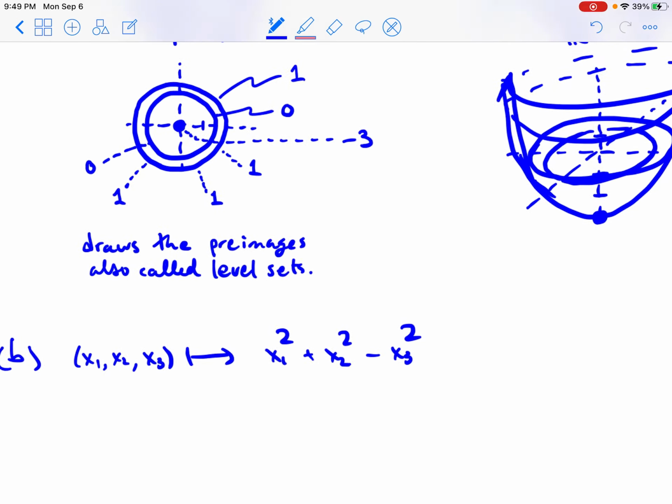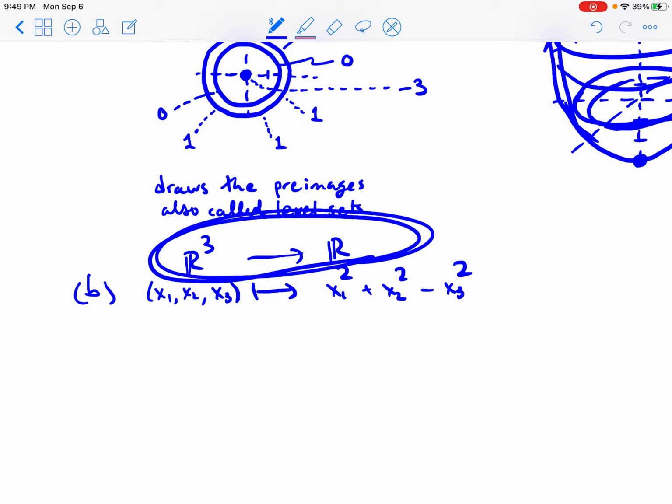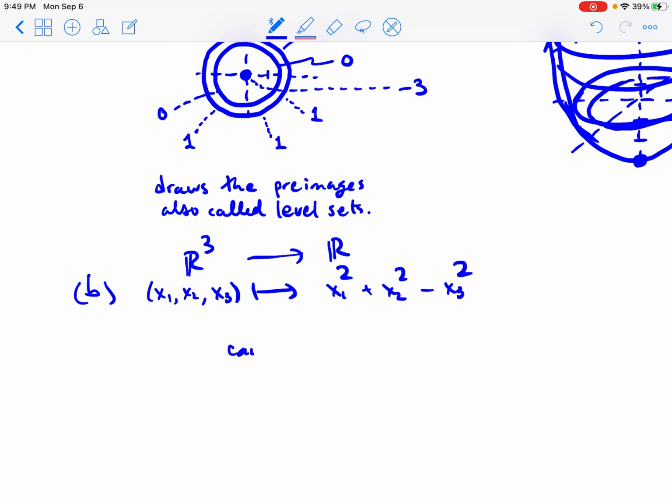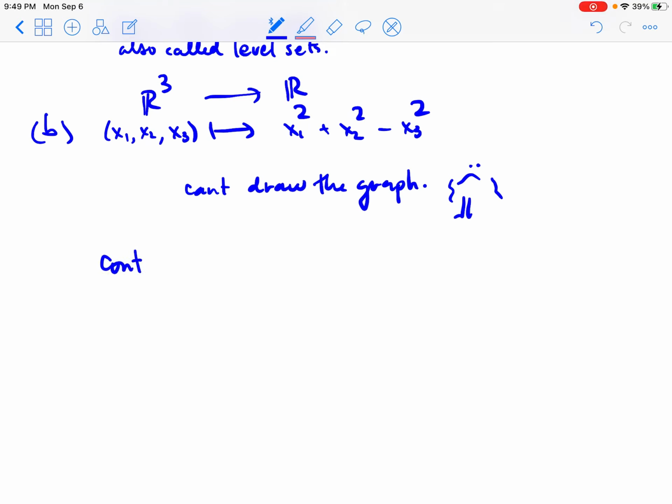Okay, so this is the map in B. So right away, input and output together are going to give R4. So can't draw the graph. Sad face. Okay, but then we're actually happy because we're done with that piece of the problem.